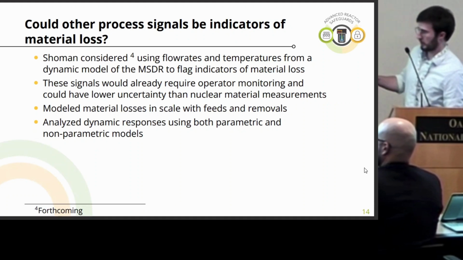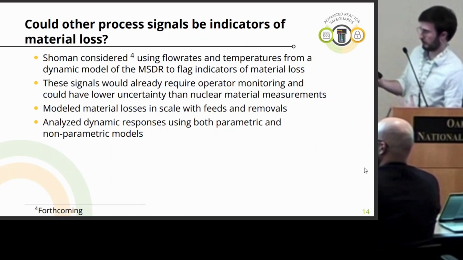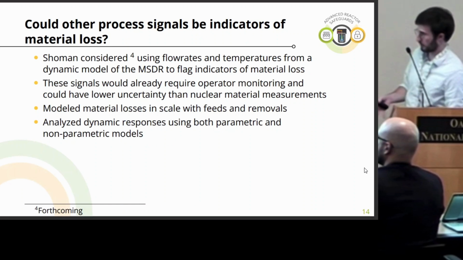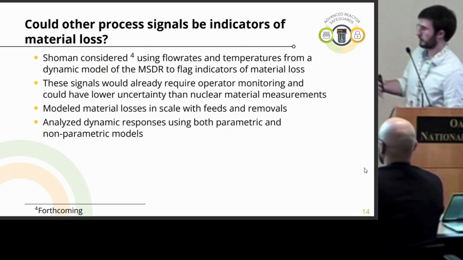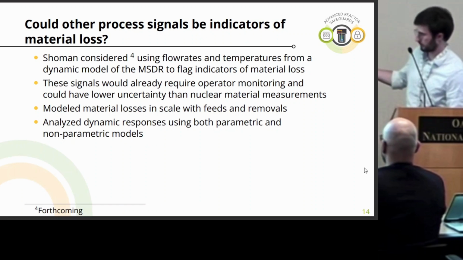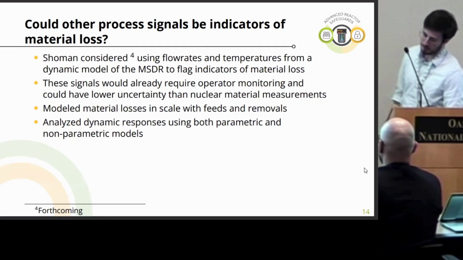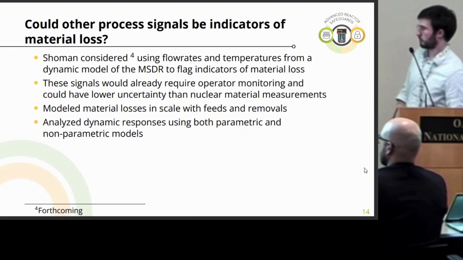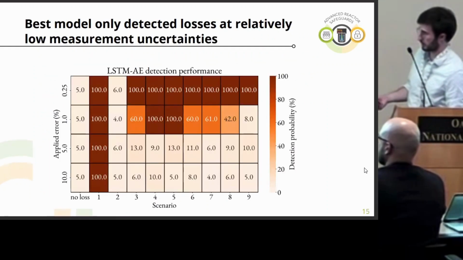So I took an existing model from the University of Tennessee. They have a dynamic process model. I coupled that with SCALE and Sampler. If you're here for the lunch talk, some of the capabilities they mentioned for molten salt reactor modeling, I used those to look at what a reactivity insertion looks like when you remove material, and how that impacts the downstream thermal hydraulics.